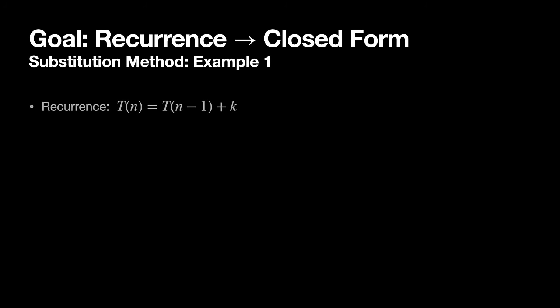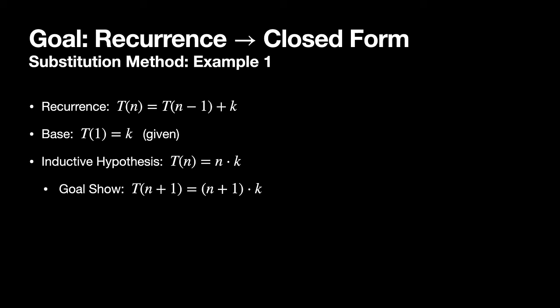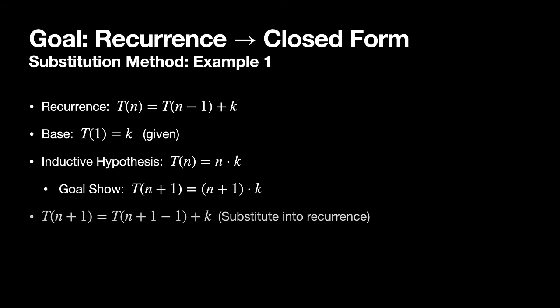Okay, so we've got our recurrence. We've got our base case. We've now got our inductive hypothesis. And we also have our goal. So in order to prove our goal, we'll go back and we'll use our recurrence relation, and we'll substitute in to our recurrence relation. So our recurrence relation was about T of n being equal to T of n minus 1 plus k.